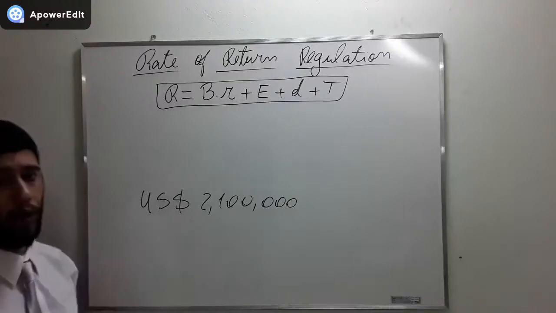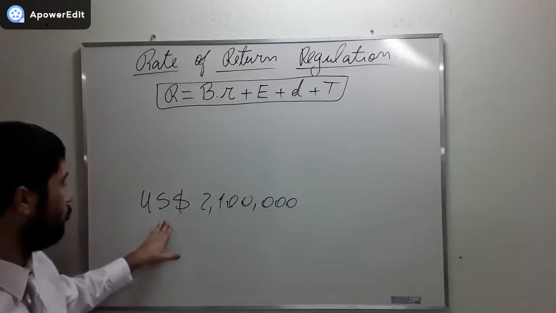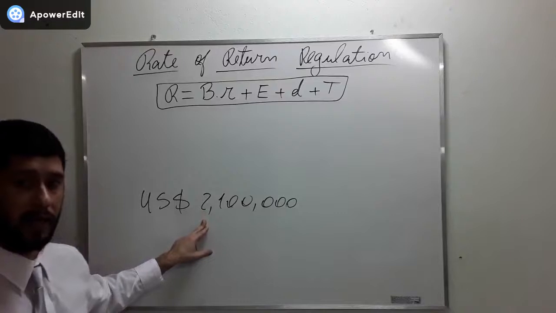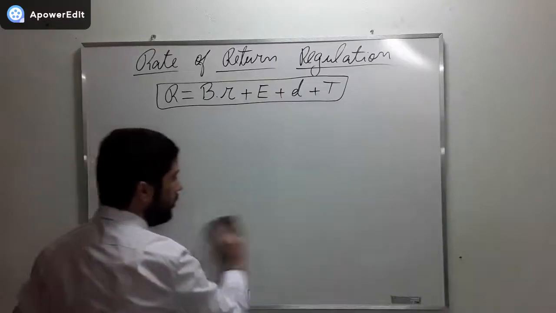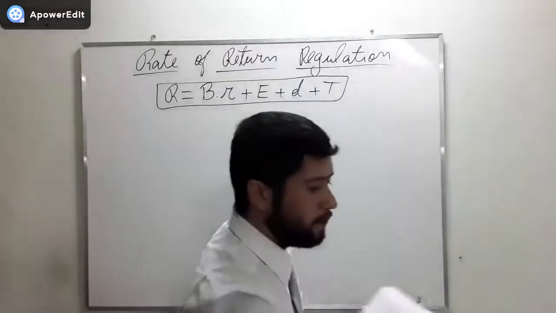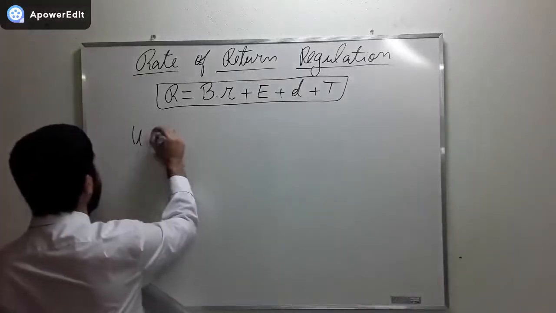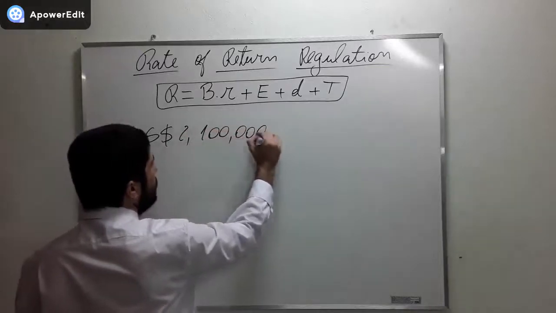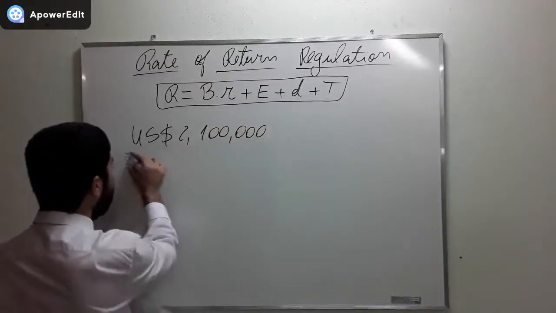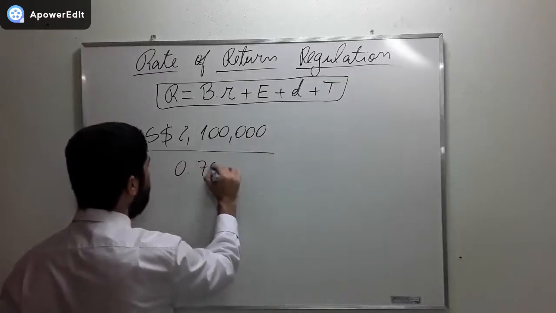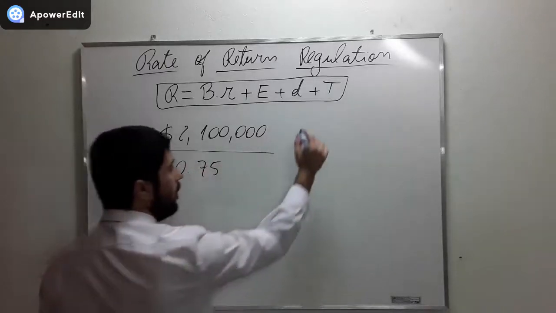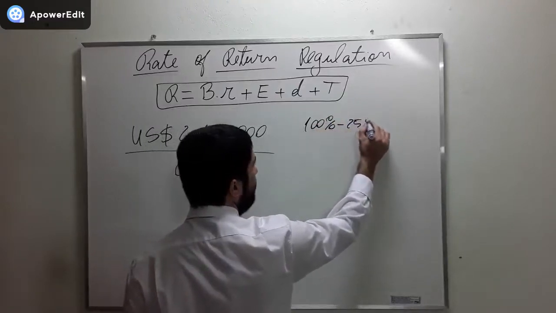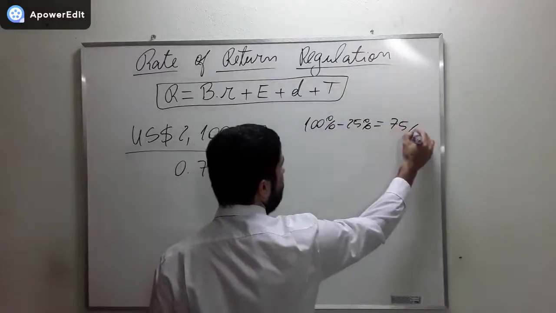But to calculate the income tax, we need to understand the profit before the taxes. And what we need to do is simply divide this $2,100,000 by 0.75, because it's 100% minus 25%, which is 75%.